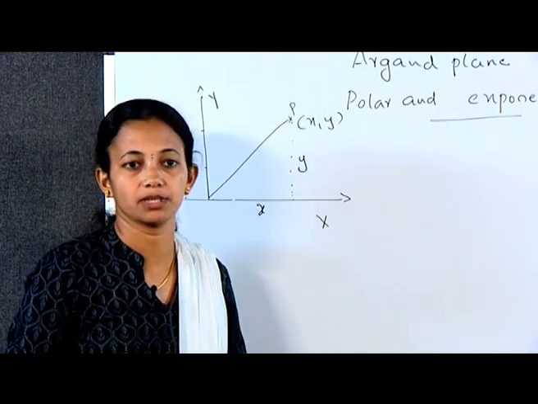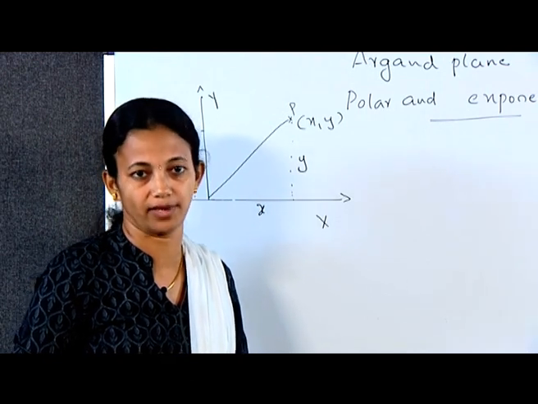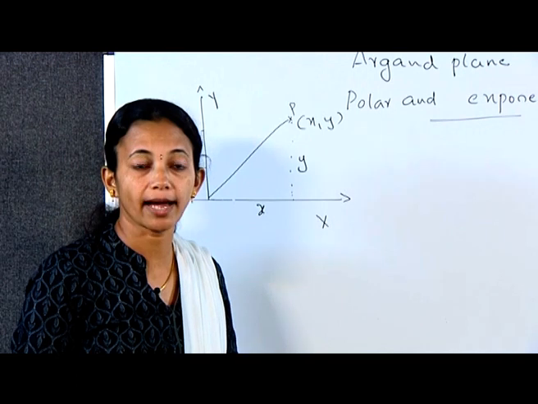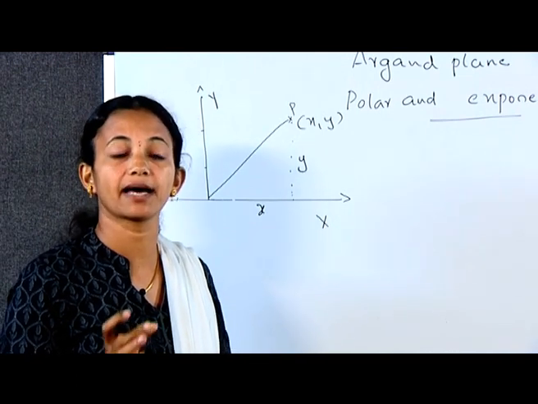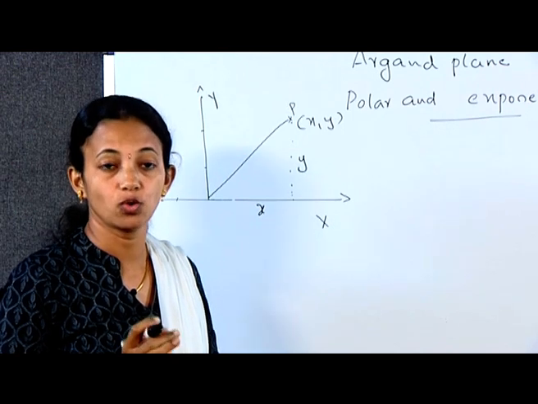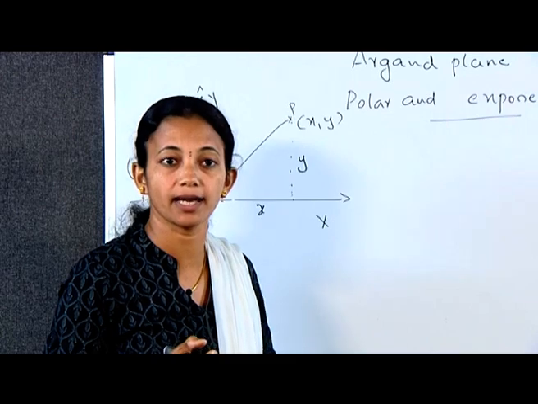Addition of complex numbers corresponds to the parallelogram law for addition of vectors. Thus, to add the complex numbers z1 and z2, we complete the parallelogram OABC whose sides OA and OC correspond to z1 and z2.